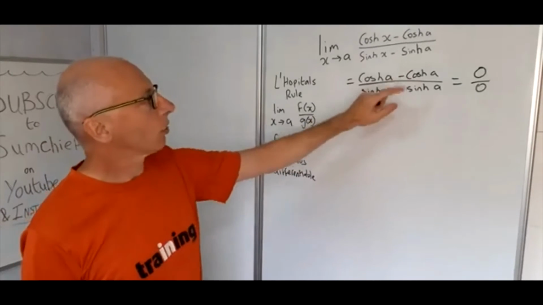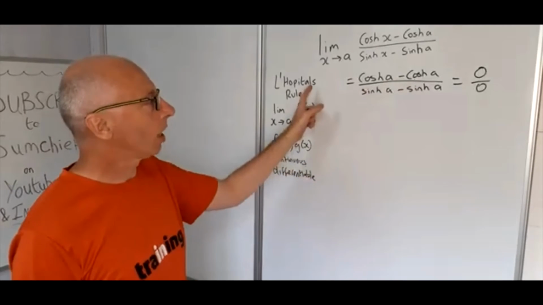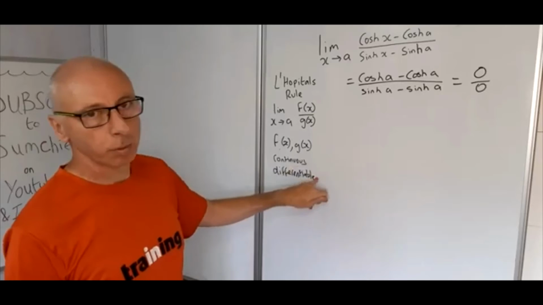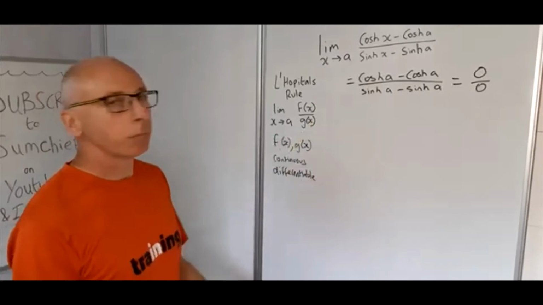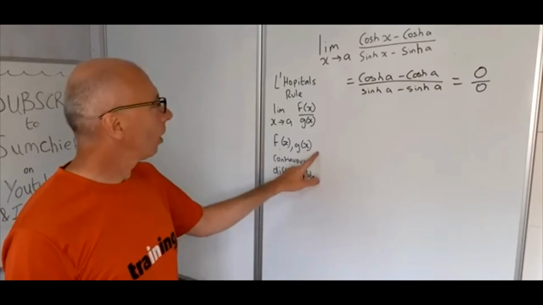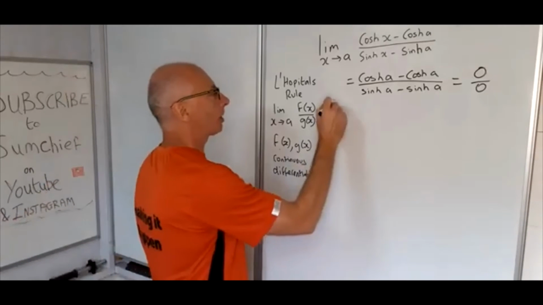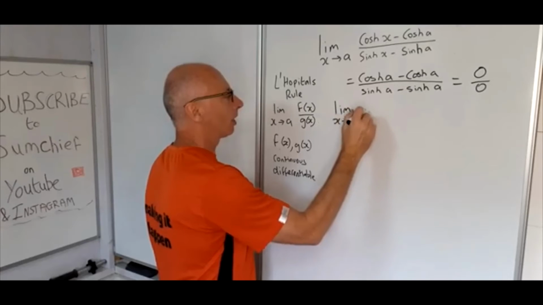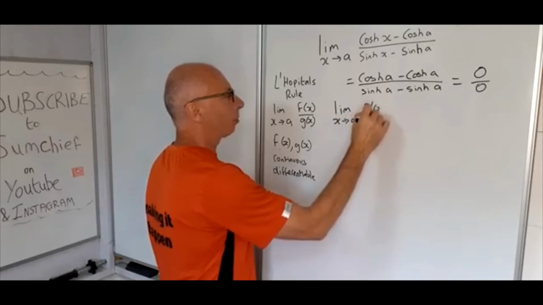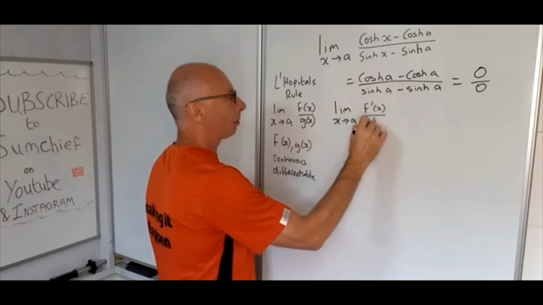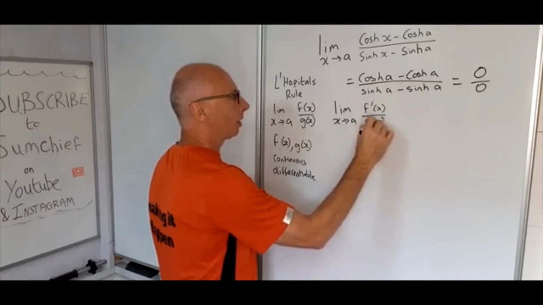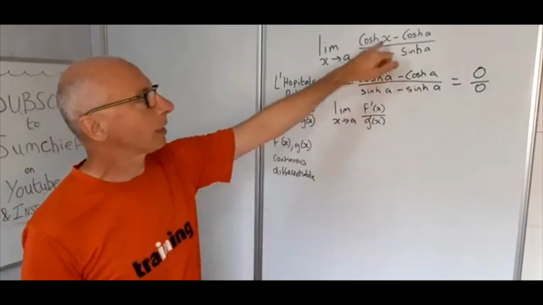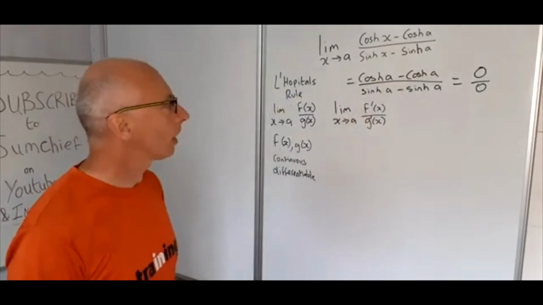Now, the cosh function and the sinh function, as we know, these functions are both continuous and differentiable. So we can move on to do the first stage of L'Hopital's rule. So what we can say now is that the limit as x approaches a equals f prime of x divided by g prime of x. So all we have to do now is take the derivative with respect to x of this function here.